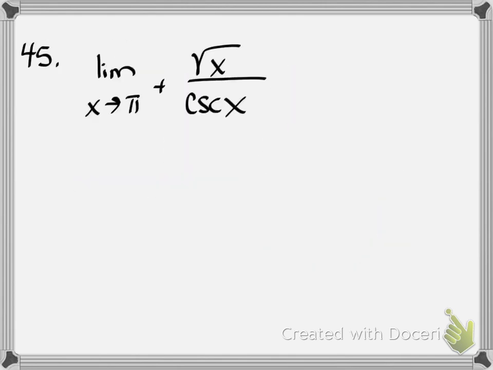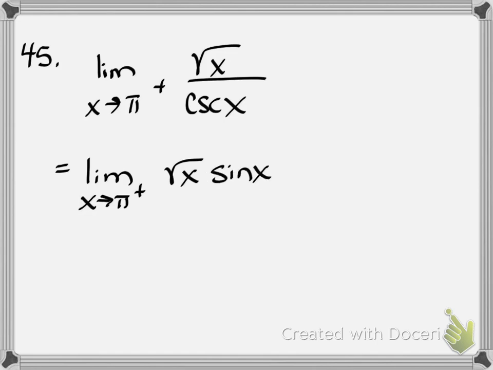45. More trig. Limit as we approach pi from the right. I would plug that into the calculator and I would just look to see what it looks like. I might actually just say that's the square root of x times sine x.